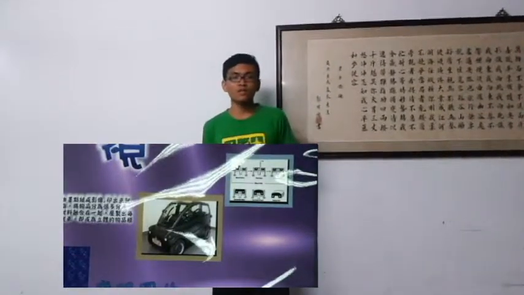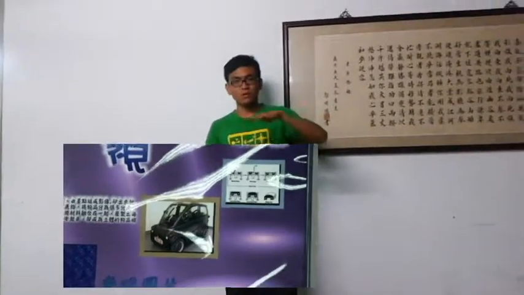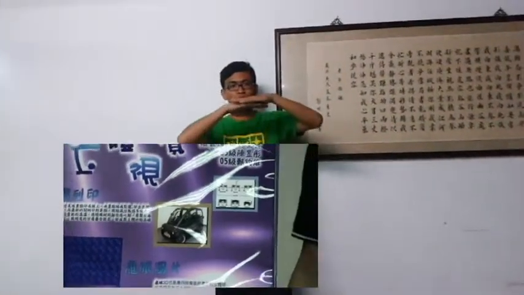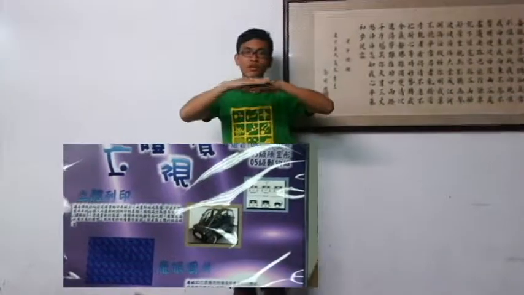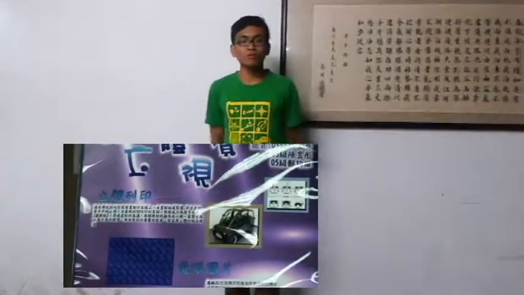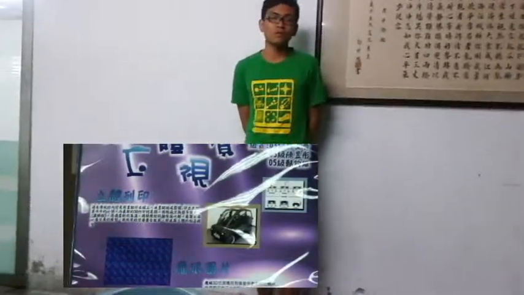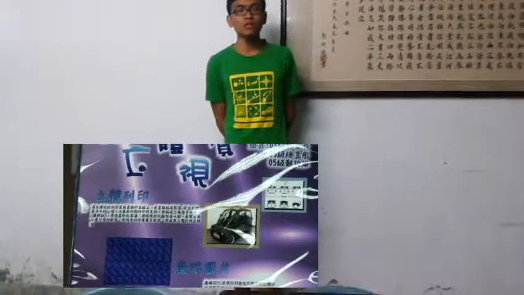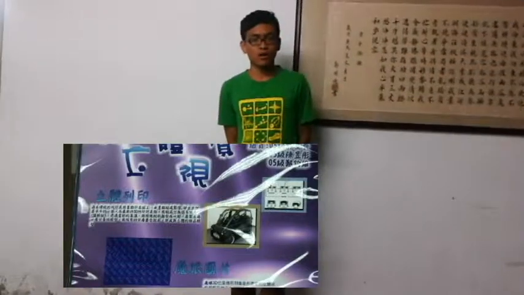And we cut it into many flat layers. And we do it like this: we print 1, 2, 3, 4, 5. And we use special materials. And then we combine them with very high temperature. Then we get a 3D product.